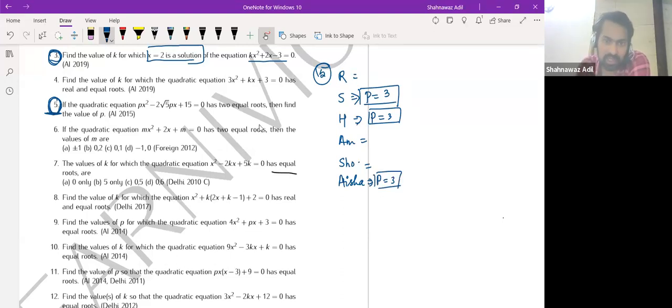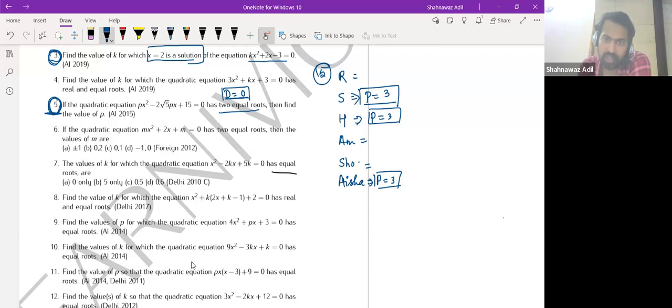So remember, two equal roots. As we have said earlier, we have to find out discriminant equal to 0, right, Amar? This question you have done. Okay, this one, Shoaib. Amar, did you apply this condition?